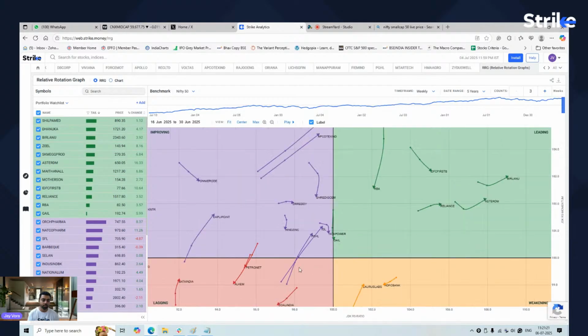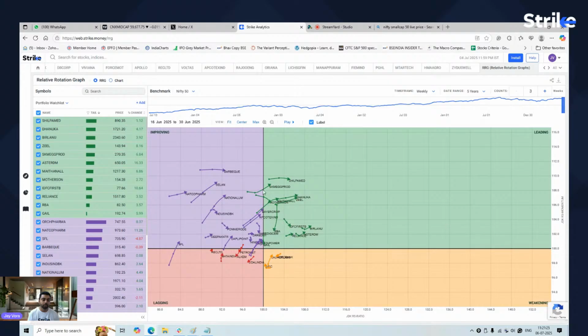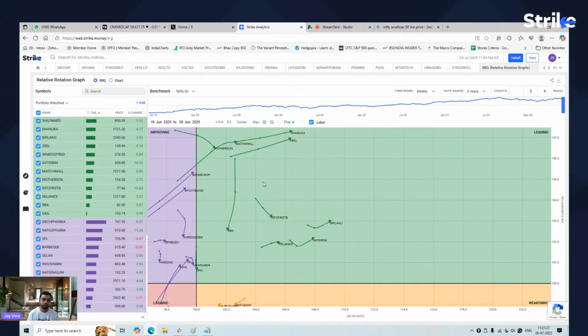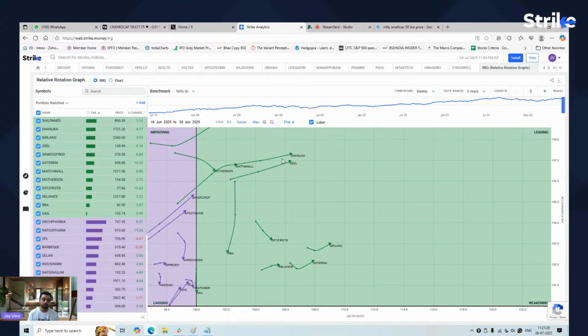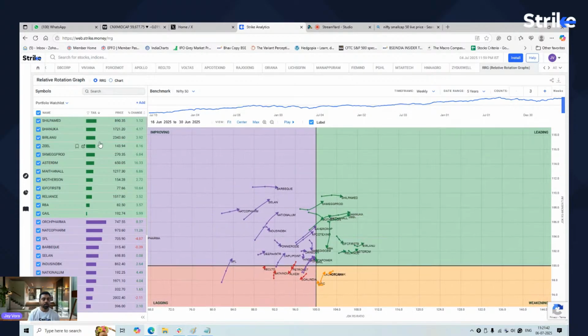Hindalco is going down, this is not a good sign. Pony Sugar, IndusInd Bank, these are not good signs, right? The ones that are good are basically Zee, Dhanuka, Birla, Aster DM, Reliance, because they are all moving towards the northeast side. So this is how I can make a watch list and quickly understand what is happening.